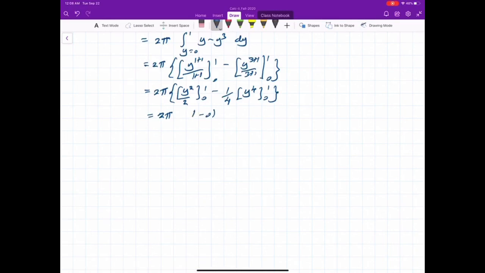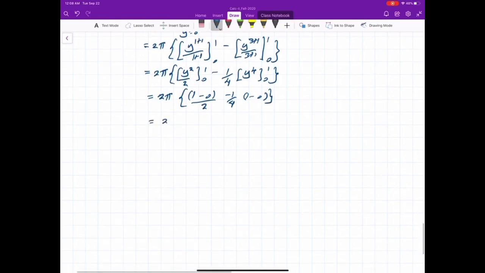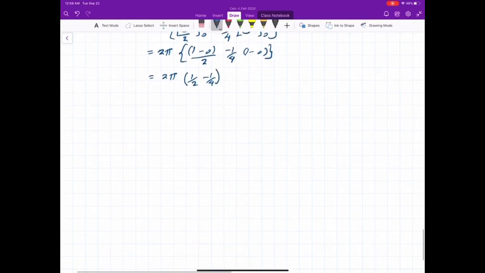Then you will get 1 minus 0 over 2, and here 1 over 4, 1 minus 0. Then this equals 2 pi times half minus 1/4. You can just find the common denominator and simplify. So this is actually 2 pi times 1/4, which is pi over 2.